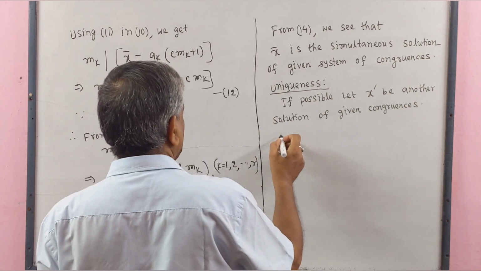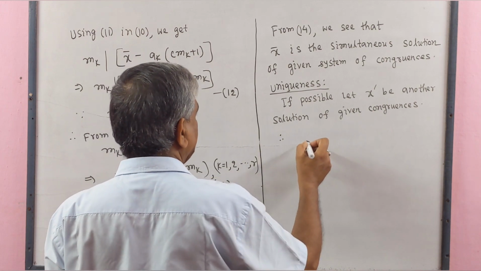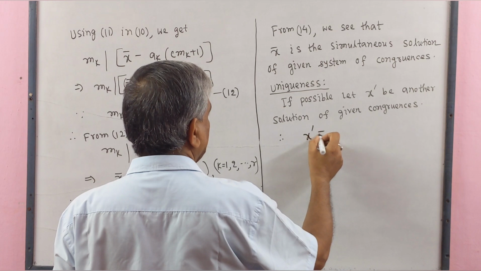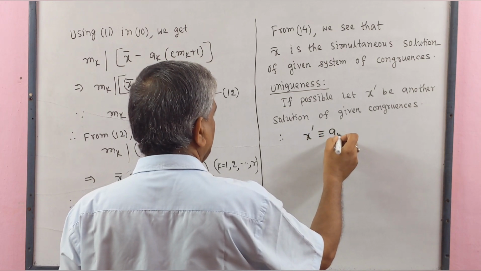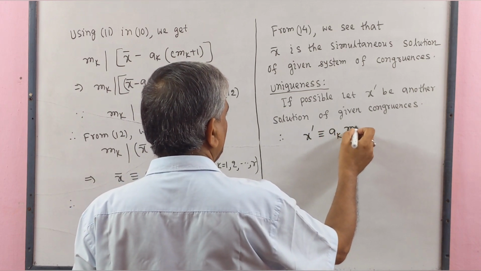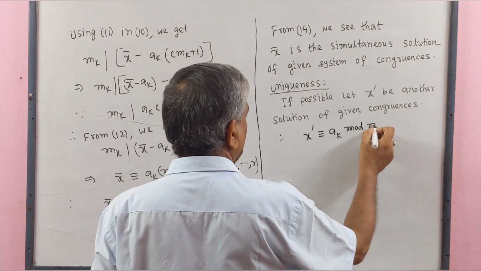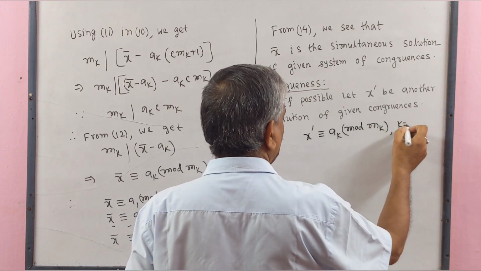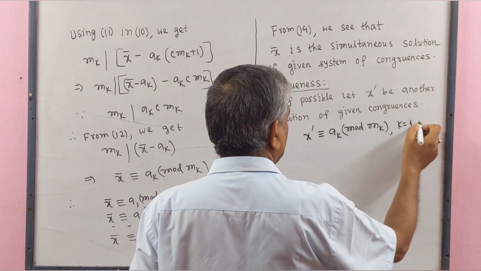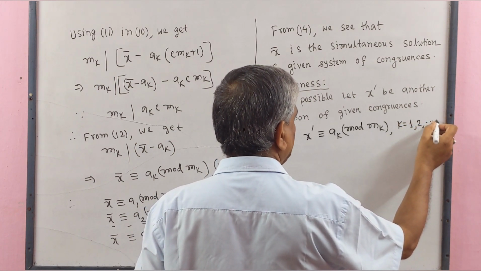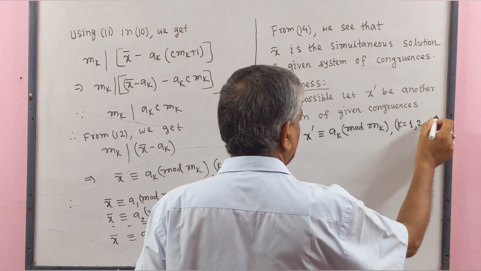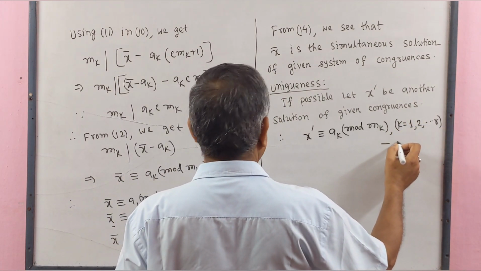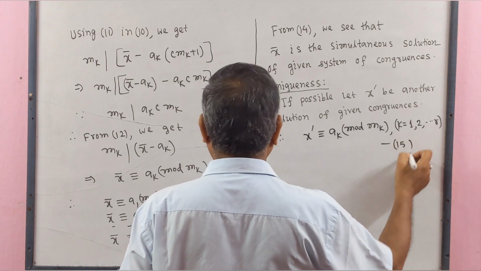Therefore, we may write x prime is congruent to ak modulo small mk, k equal to 1, 2, ..., r. Let this is number 15.